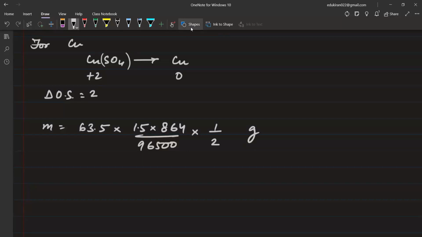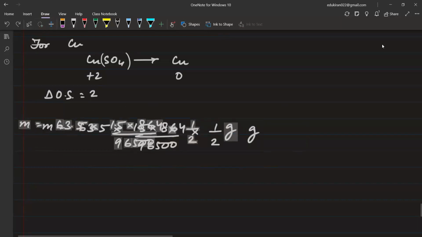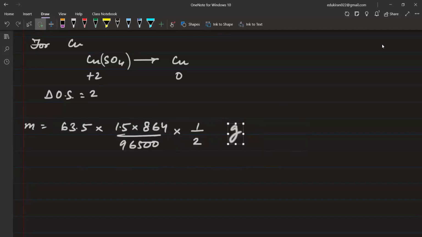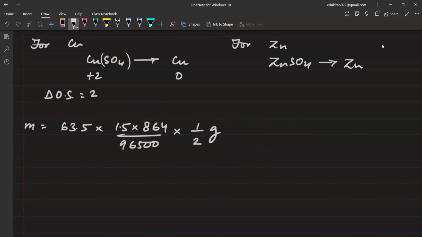ठीक है. Similarly, देखिए, for zinc also. ZnSO4 gives you Zn. This is +2. यहाँ पे 0.